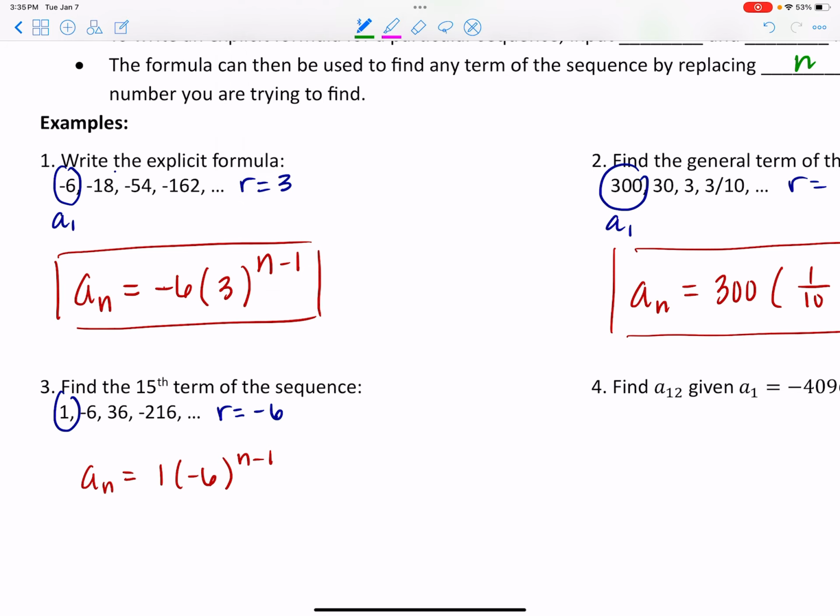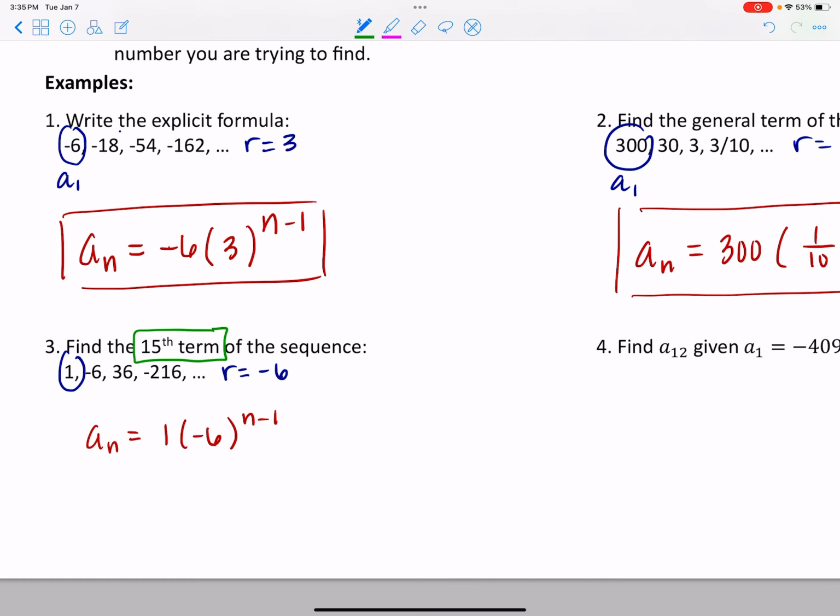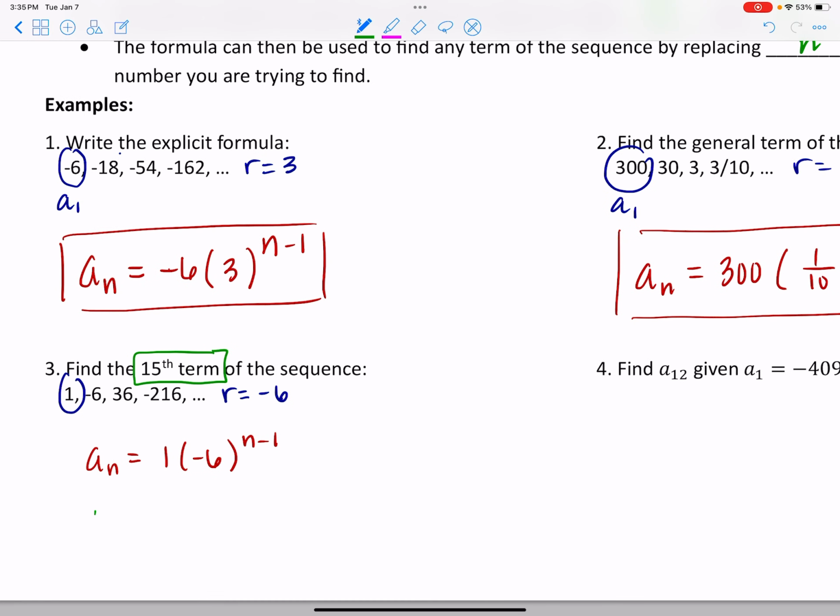Now, this one asks me specifically to find the 15th term. So now that I have my formula, I'm going to plug 15 in to do that. So a sub 15, that 15th term, is 1 times negative 6 to the 15 minus 1 power. And then I'm just going to go into my calculator with that expression.